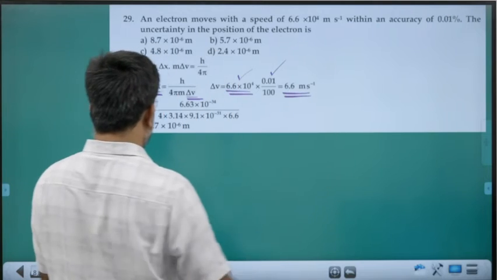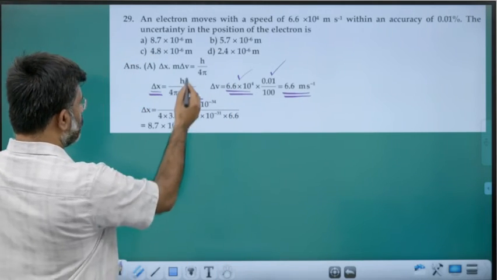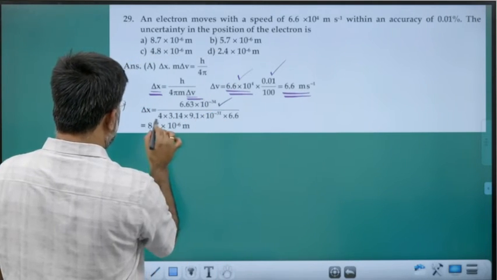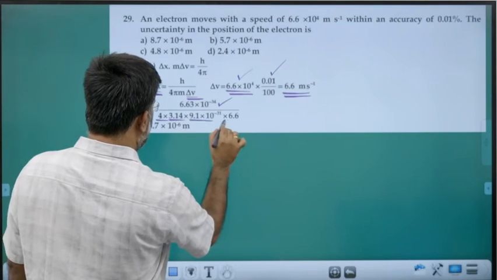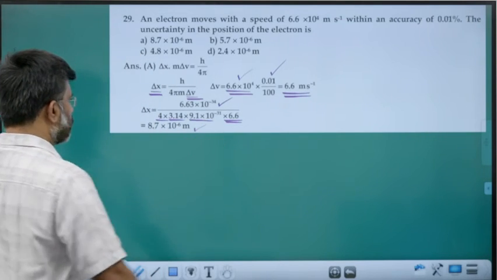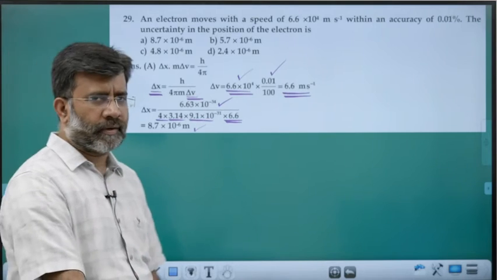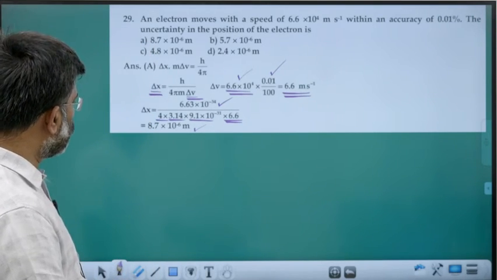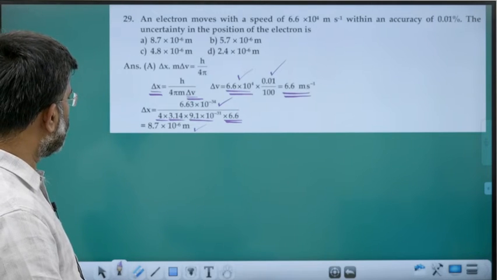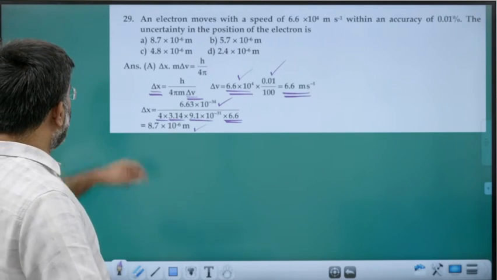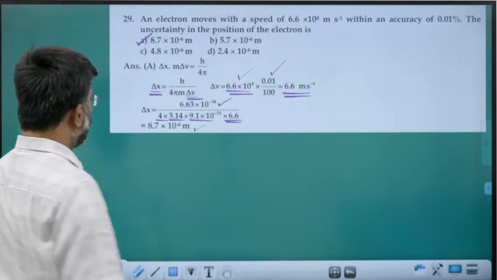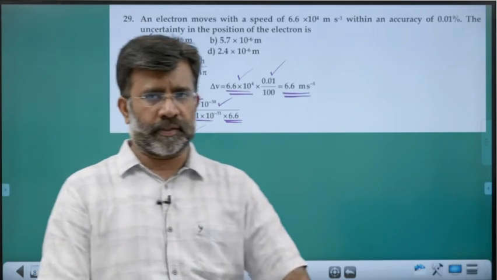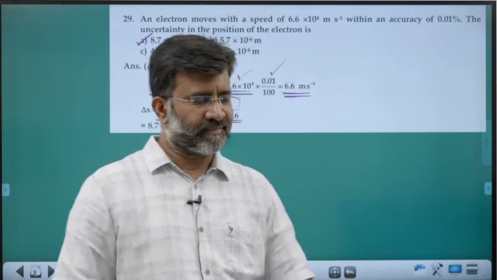And for delta x, you just substitute h divided by 4 pi m delta v to get the answer. Again, not at all a tough calculation. You can easily work it out to get option A, 8.7 into 10 raised to minus 6 meters. Okay.